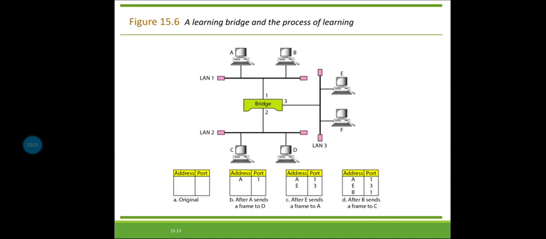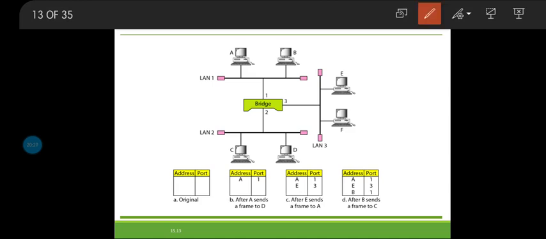Since we are looking at transparent bridges, it is always better to consider the dynamic table, wherein we can keep adding the new stations which come into the picture. Now let us look at how the bridge is going to learn to enter its data in the dynamic table.